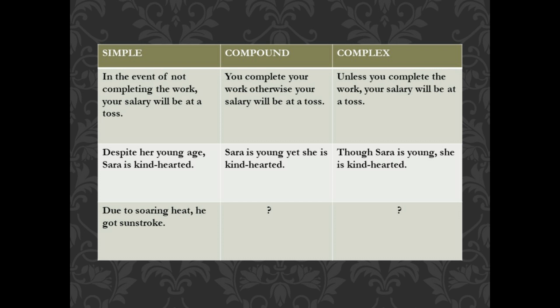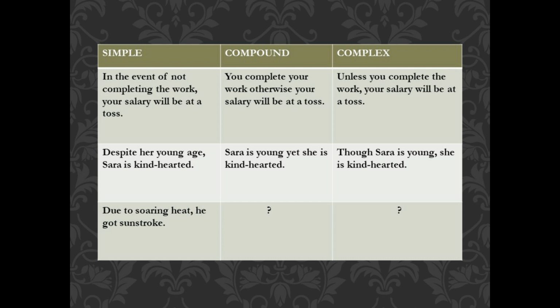That's because when I say, "Unless you complete the work, your salary will be at a toss," you need a pause there after work. Only then it gives perfect sense. So if I say, "Your salary will be at a toss unless you complete the work," you don't need a pause there and it makes good sense. So that is the reason you put a comma there.